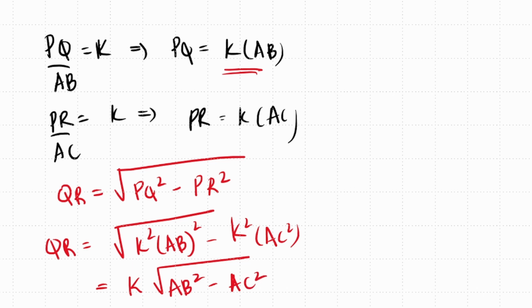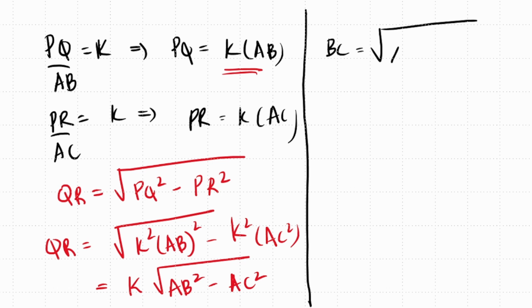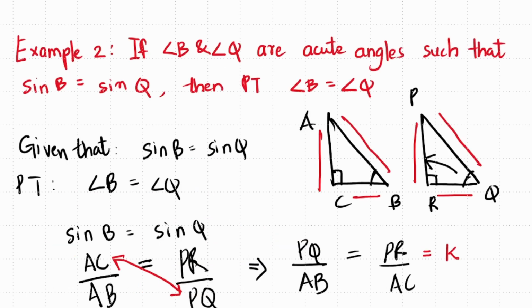And if you're wondering what is BC, BC is nothing but root of AB square minus AC square. Am I right? You can see this is BC, AB is the hypotenuse and AC is the other side.